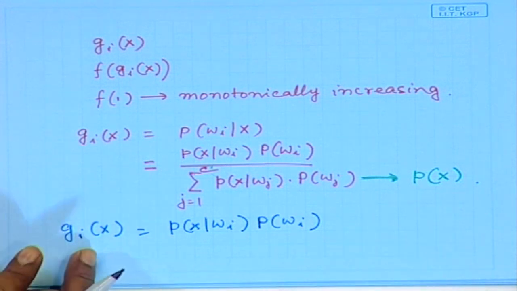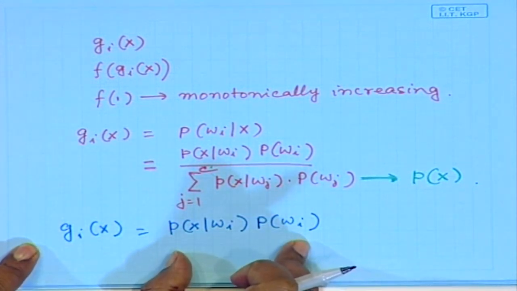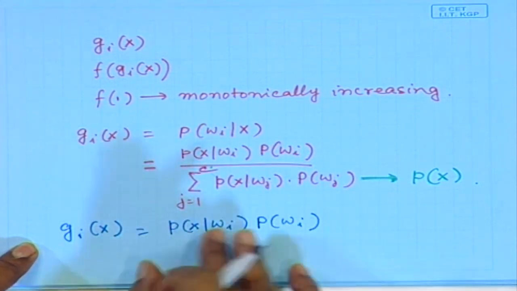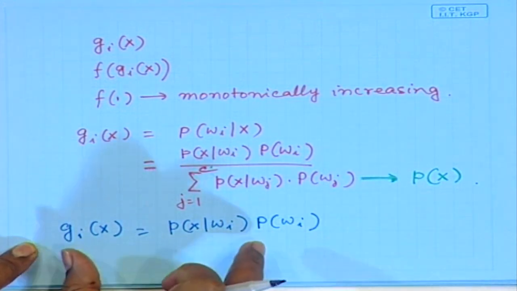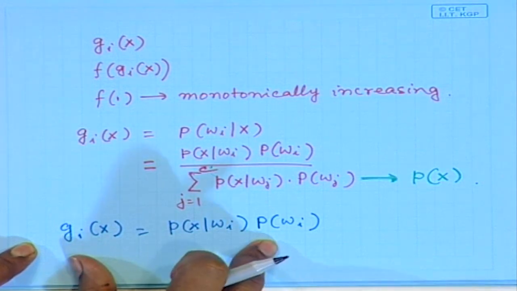Now, when I define g_i(x) like this, there is a product term, and whenever I have a product, it is more difficult to implement as well as analyze than if I have a summation. We know that the logarithmic function is also monotonically increasing.